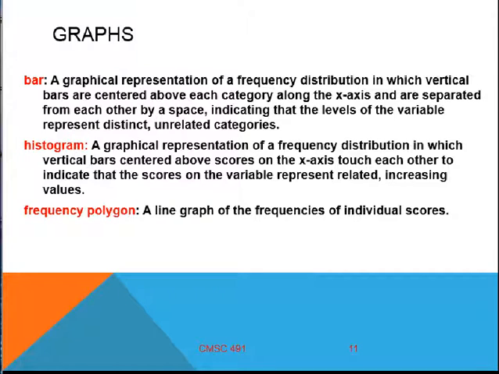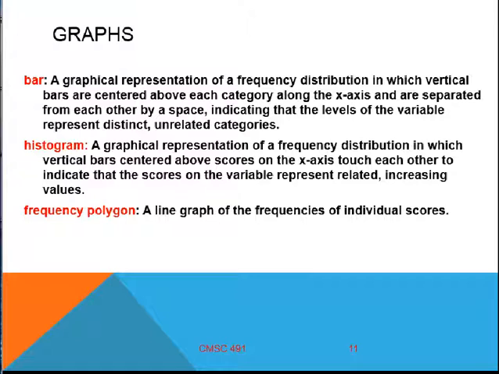On one axis, usually the horizontal axis, we specify the labels that are used for each of the classes. A frequency, a relative frequency, or a percent frequency scale is used for the other axis. Again, that's usually the vertical axis.